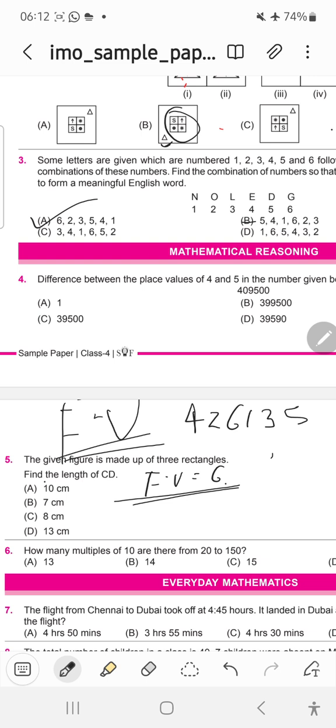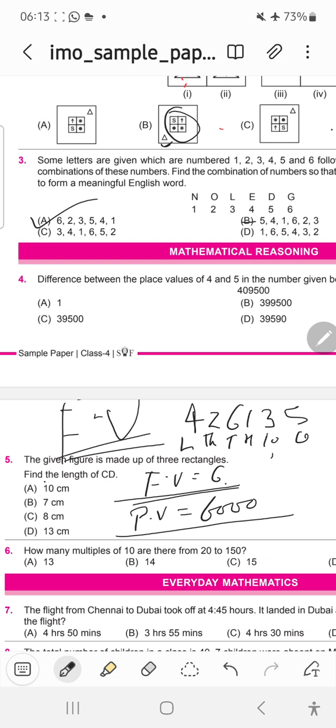And if it says what is the place value of 6, we must count the places. First 1, then 10, then 100, then 1000, then 10,000, then lakh. So in this case, 6 is in the fourth position, which is 1000, which means the place value of 6 must be 6000.